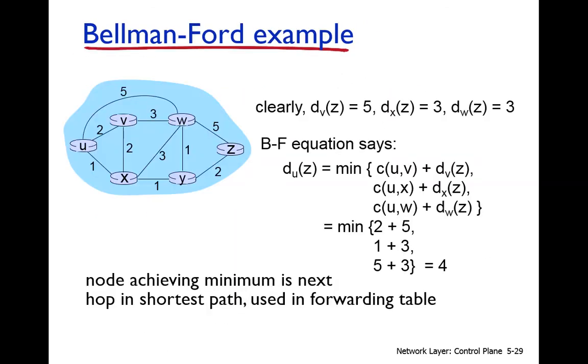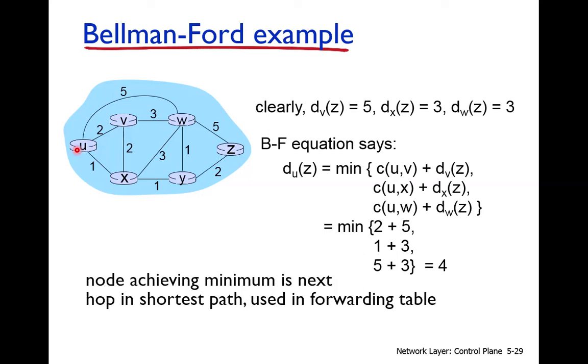So suppose we are considering node u to z. This is the node u. Node u wants to compute the shortest path from u to z. So duz means the shortest path from u to z. You know that in the distance vector routing protocol, each node sends its complete table to its neighbors.